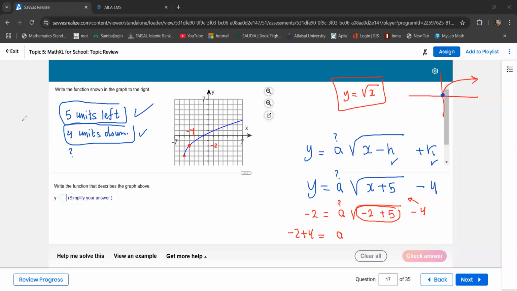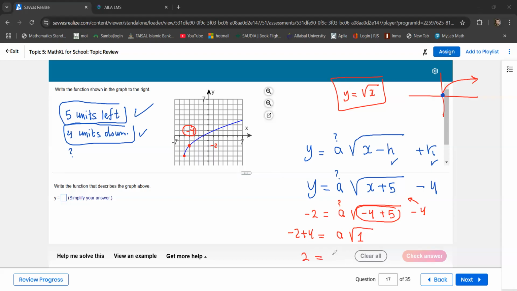I think I have to put here in the place of x -4, not -2, -4, which is this number on the x-axis. So I move -4 to the other side, -2 plus 4, a multiplied by -4 plus 5, which is 1. -2 plus 4 is 2.